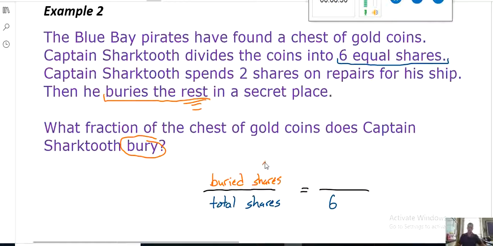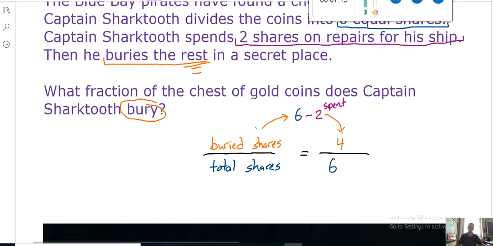So buried shares is going to come from 6 minus 2, because he spent those. That means it would be 4. So our fraction to represent this would be 4 over 6. I keep mixing that up.